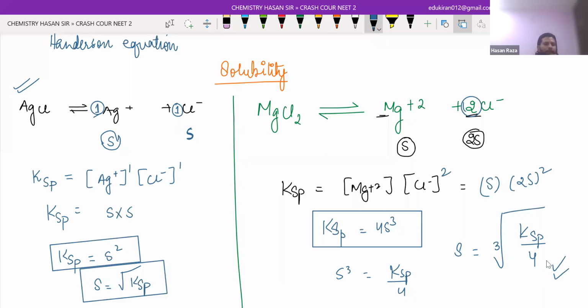Now I'm going to give some salts, and you are going to tell me the value of Ksp.